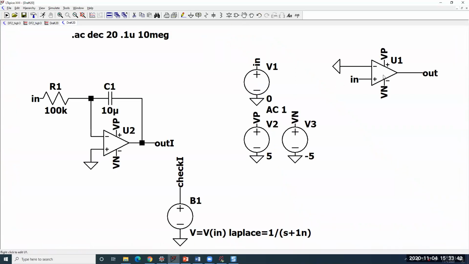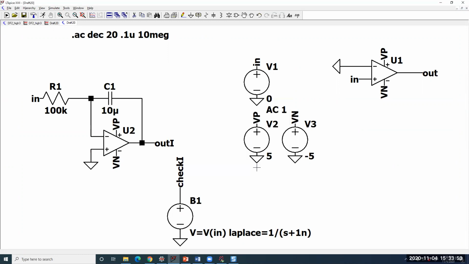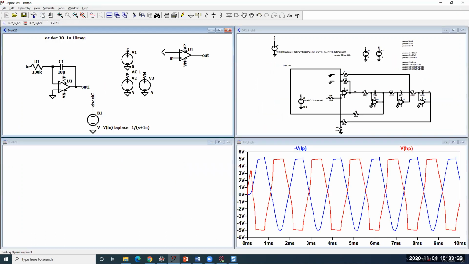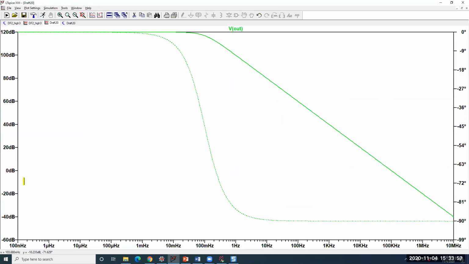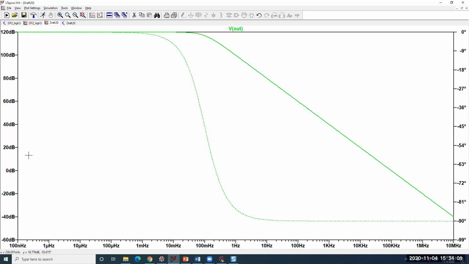Now, this is a universal op amp, and you could set what the gain bandwidth is. I can say I want 0.1 gain bandwidth. I come across 0 dB, oops. Right, it's right there.